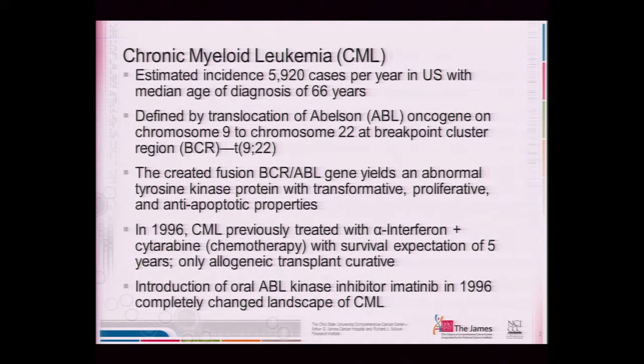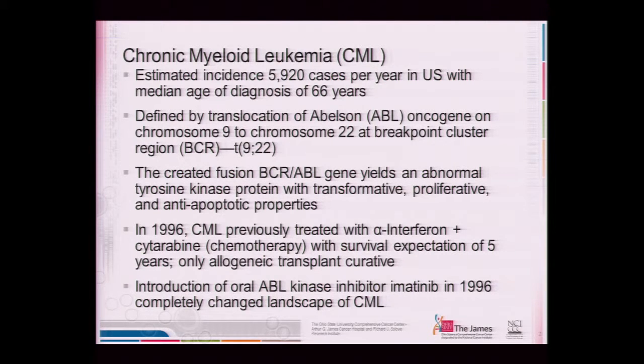So CML, we'll tell the story that we're going to tell about translational work starting with CML. It's a leukemia that when I was a fellow, was a disease that in the 70s was identified to have a common translocation, which creates the BCR-ABL gene, or fusion gene, and which drives oncogenesis and a very pathogenic type of leukemia called chronic myeloid leukemia.